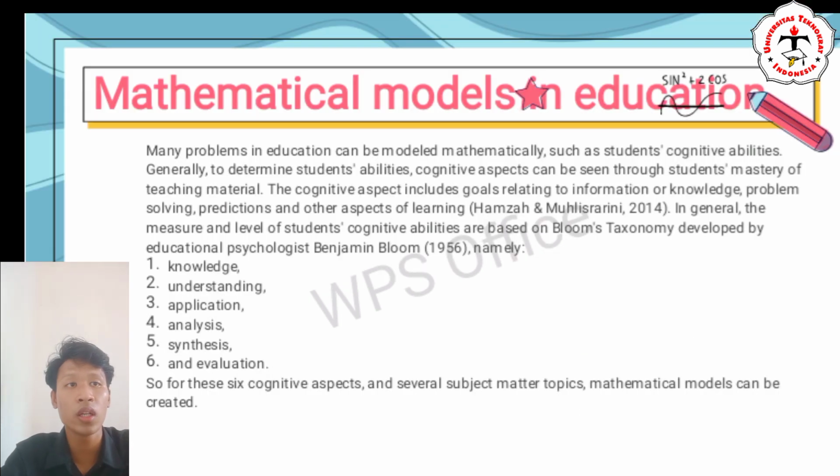Mathematical model in education. Many problems in education can be modeled mathematically, such as students' cognitive abilities. Generally, to determine student abilities, cognitive aspect can be seen through student mastery of teaching material.